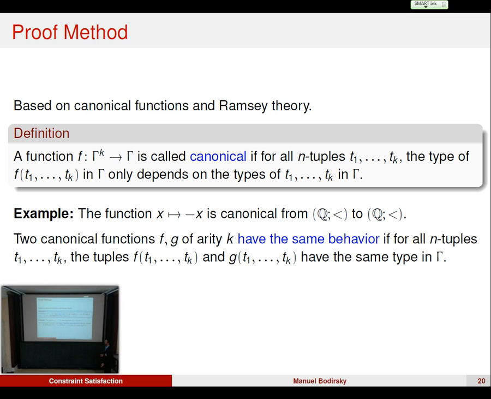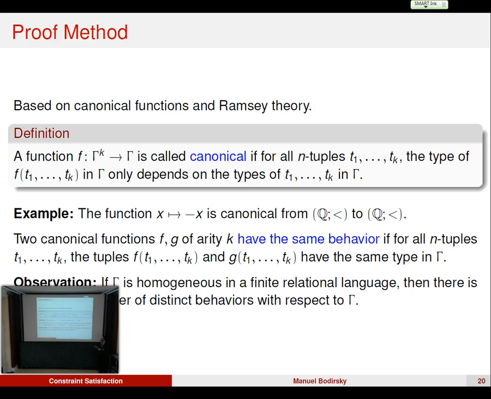Two canonical functions have the same behavior if for all n-tuples the image n-tuples have the same type. And why am I saying this? Because if your structure is homogeneous in a finite relational language, there are only finitely many behaviors that you can have.